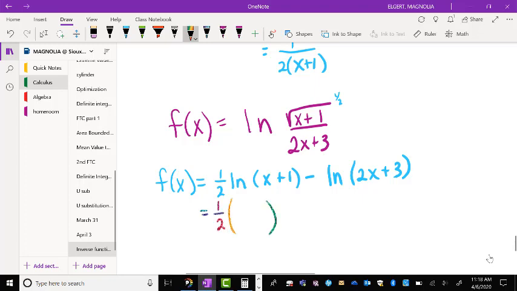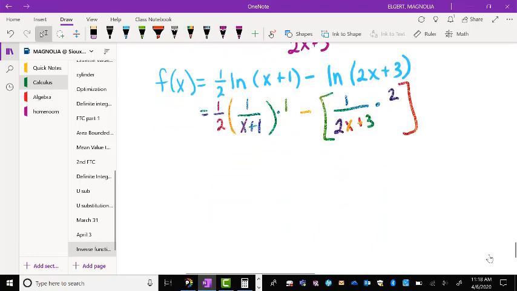The derivative of natural log of x plus 1 would be 1 over x plus 1 times the derivative of that inside, so just times 1, minus 1 over 2x plus 3 times the derivative of the bottom or the inside, so that'd be times 2.